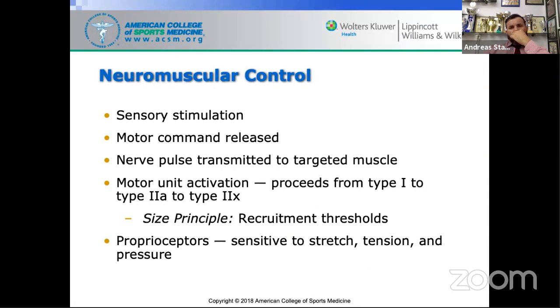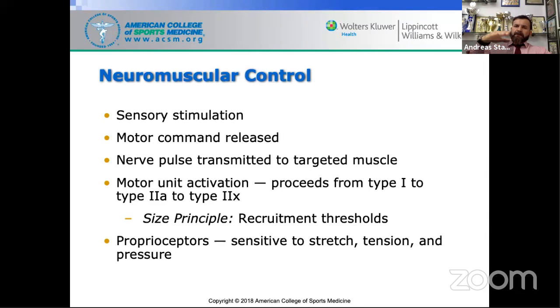Let me talk about the size principle. It has to do with your second law. Let's talk about thresholds. Different motor neurons have different recruitment thresholds. Let's use lifting as an example. Use really lightweight, I'm going to have to recruit the ones that have really low threshold.